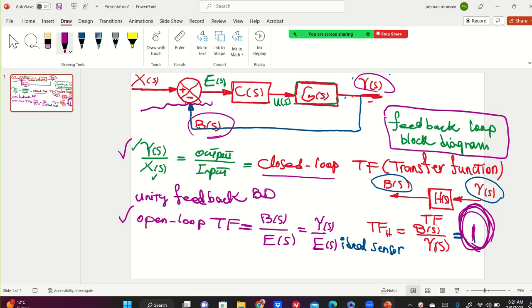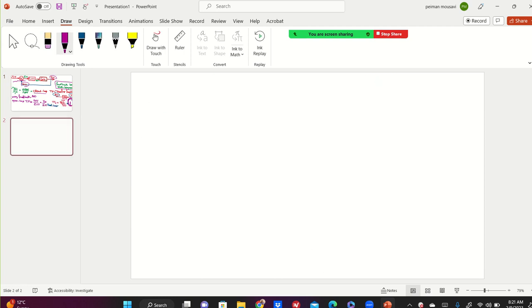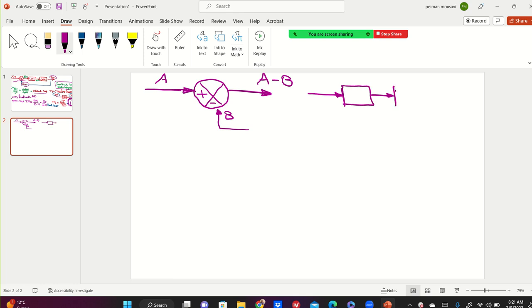Okay, guys, if you have a signal A going to this plus minus operator, and a signal B comes here, you know from kindergarten that the output is going to be A minus B. If you have blocks A, B, C in series, with input X and output Y, then Y over X is block A times block B times block C. This is the convention in block diagrams.